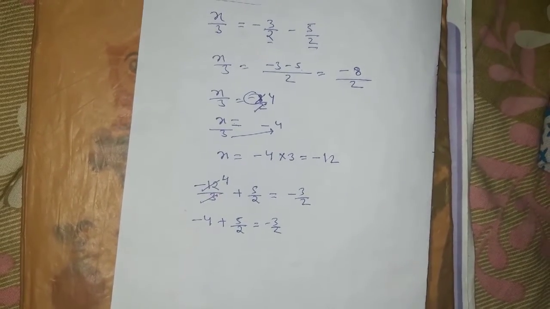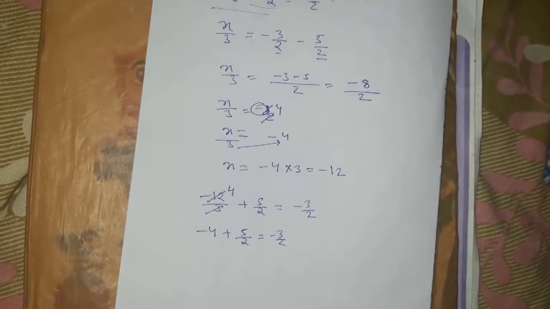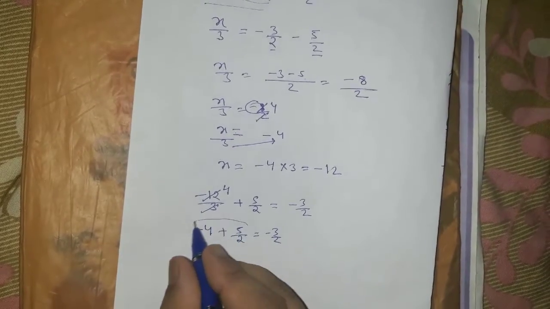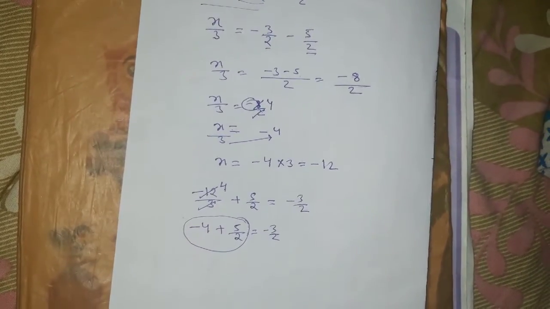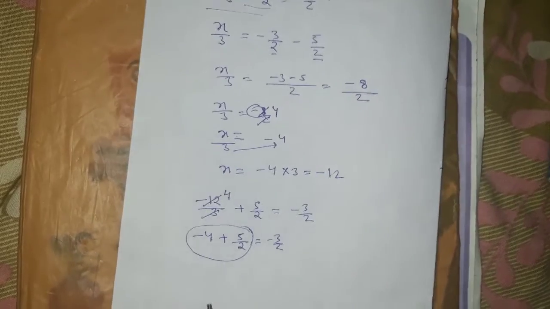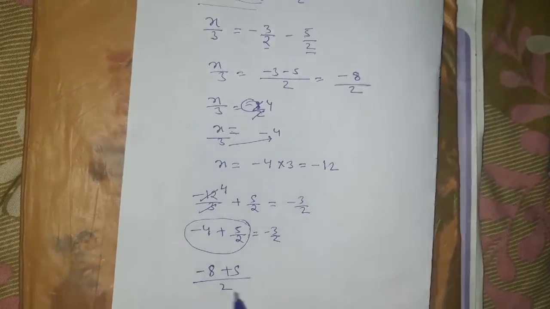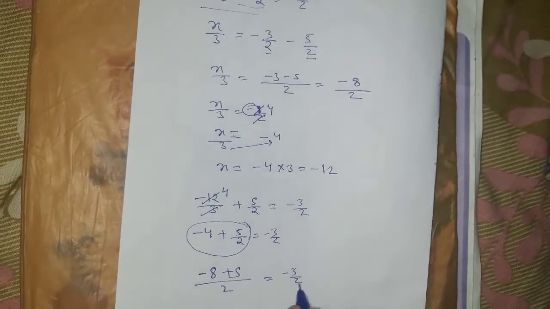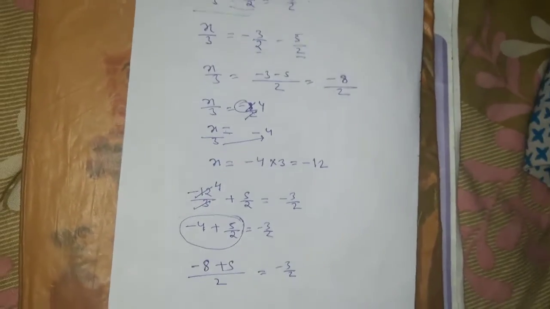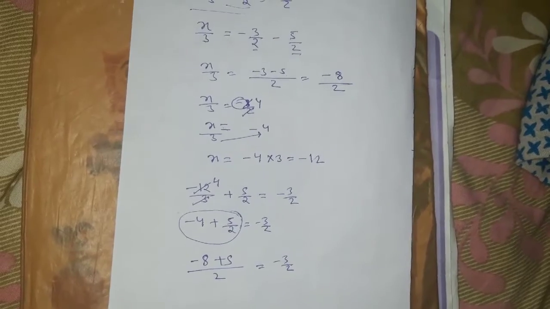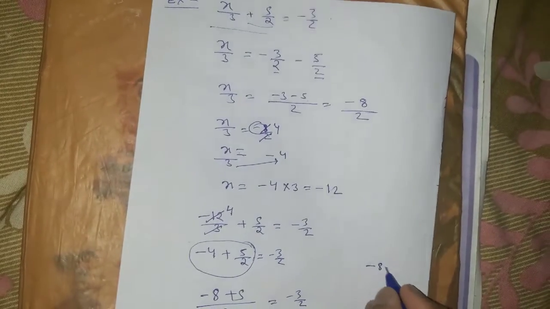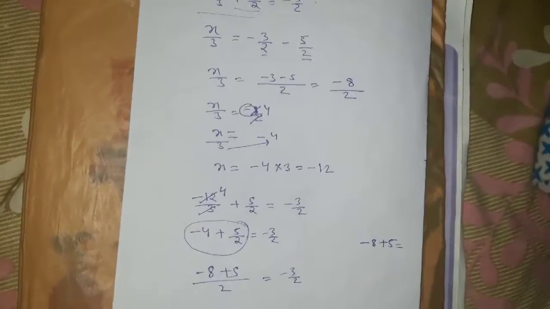Now we have to find the LCM on the LHS side. So 2 fours are 8, minus 8 plus 5, and the LCM will be 2, equal to minus 3 by 2. So minus 8 plus 5, what will be the answer?